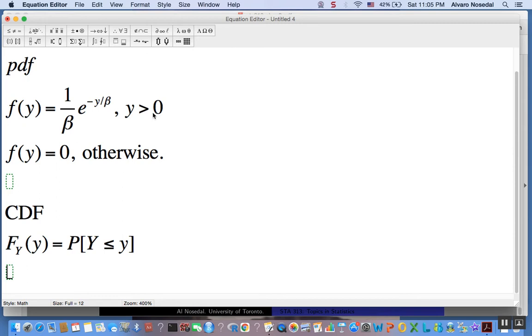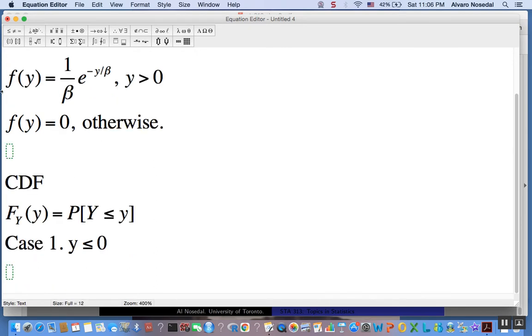It's easy to find the CDF when y is less than or equal to 0: just by the definition, the CDF there will be 0.